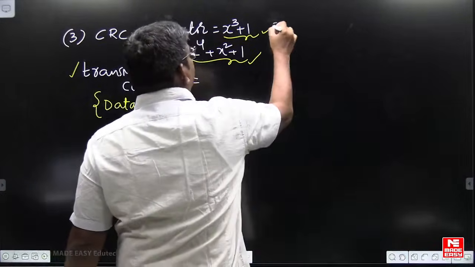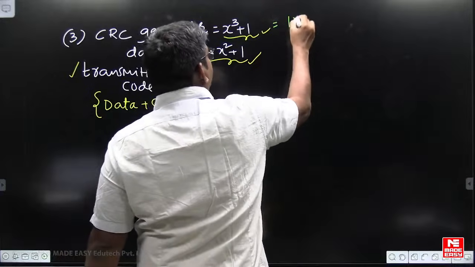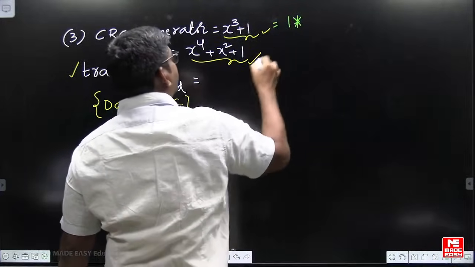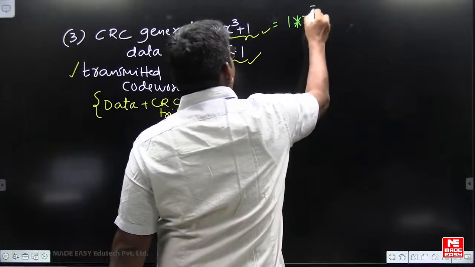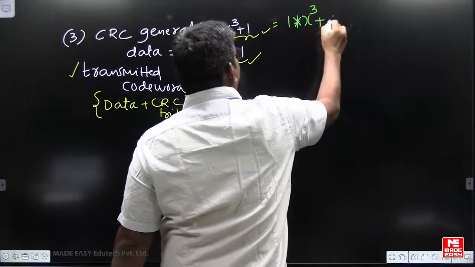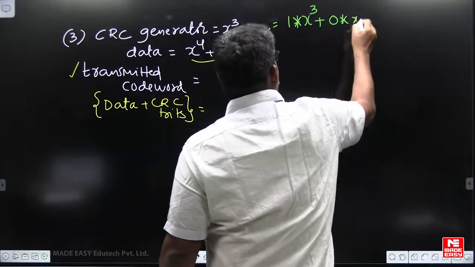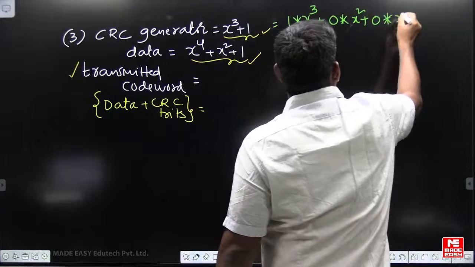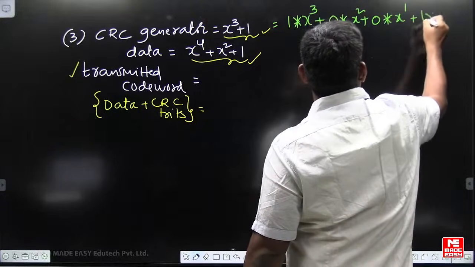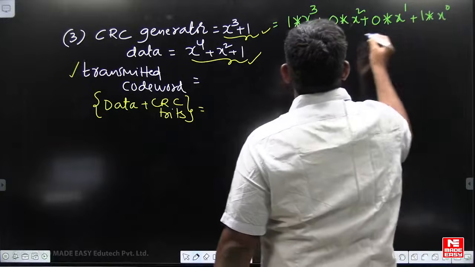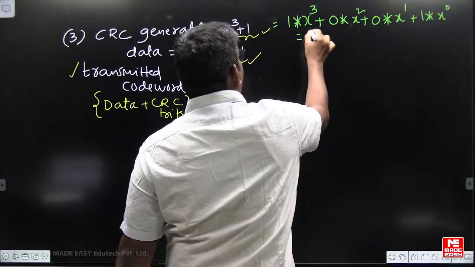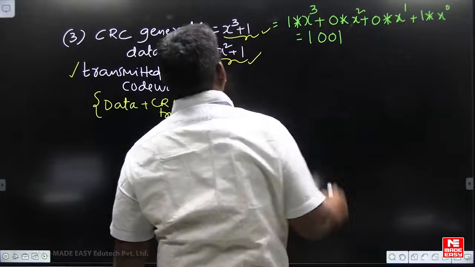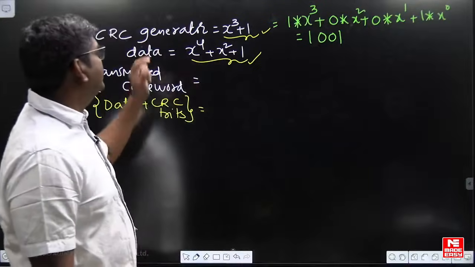Now see this x power 3 plus 1, we can write like this. They are representing it in the polynomial. It is 1 into x power 3, 0 into x square, plus 0 into x power 1, plus 1 into x power 0. So now you take the coefficients: 1 0 0 1. Okay, this is the CRC generator.